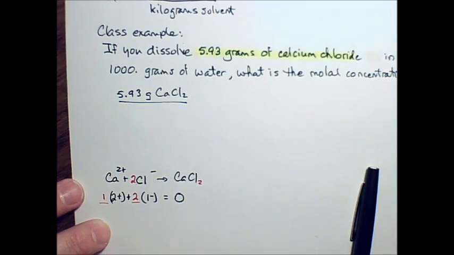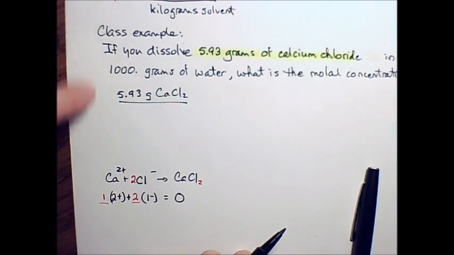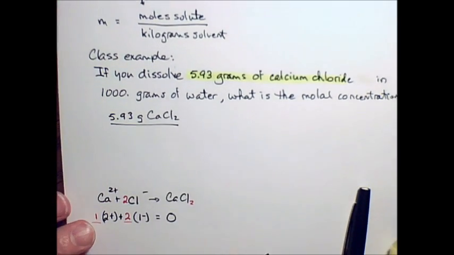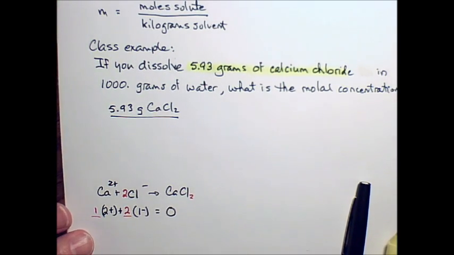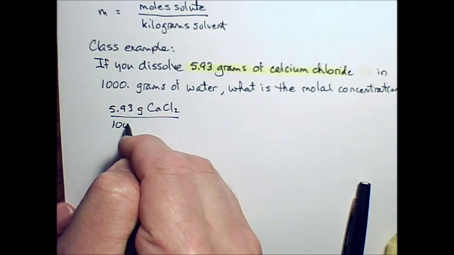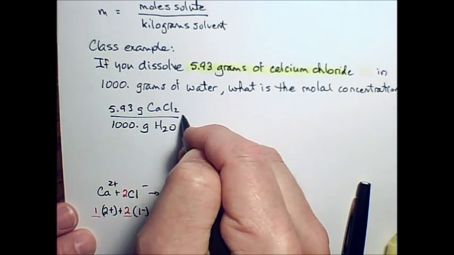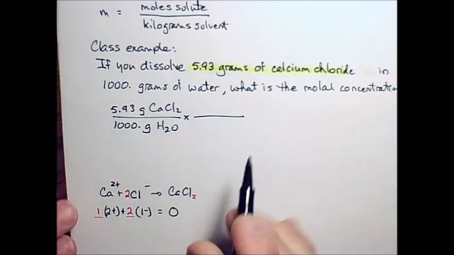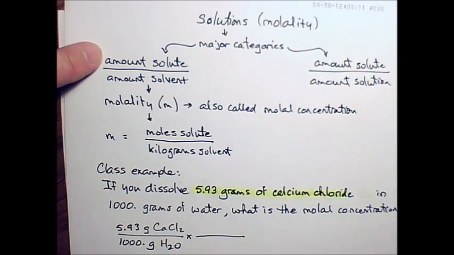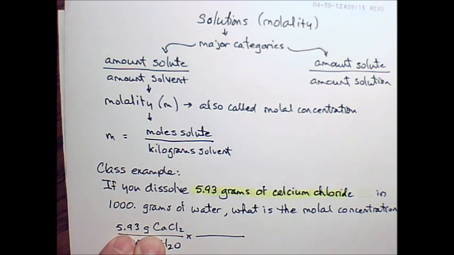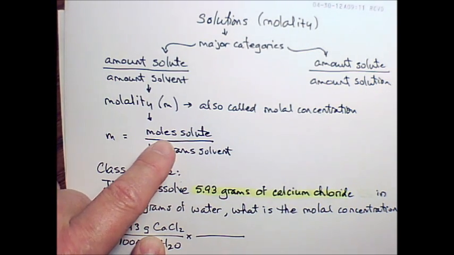We're going to put it over the amount of solvent, 1,000 grams of water, H2O. Now what we need to do is to convert the amount of solute we have on the top into what we need, moles.